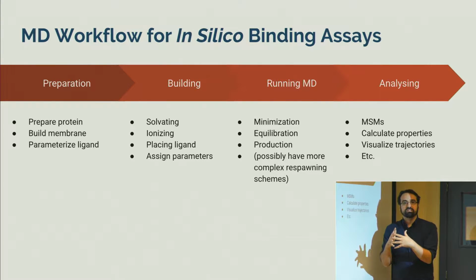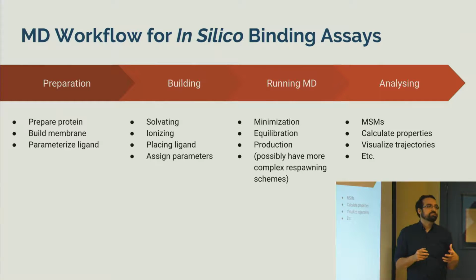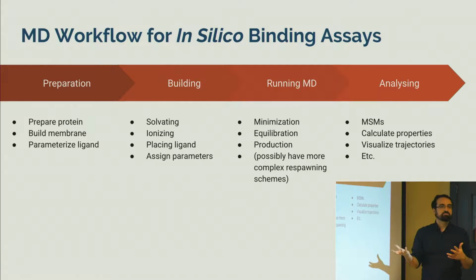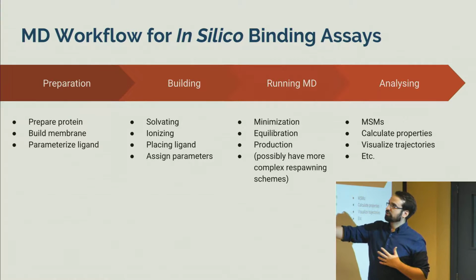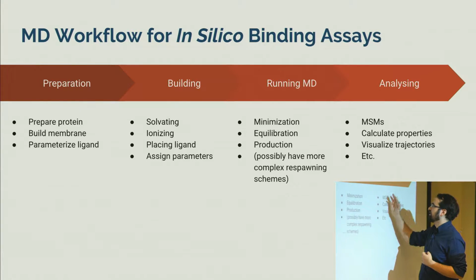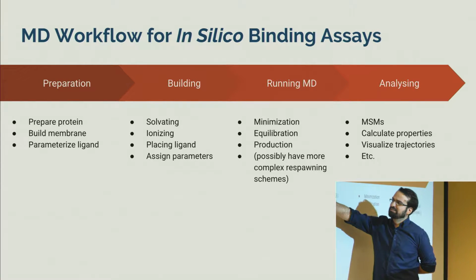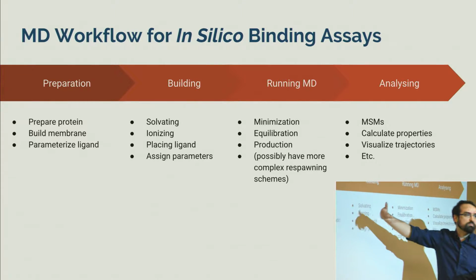This seems very simple as I'm explaining it to you, but there are several steps from the point that you have a protein structure until you actually perform a molecular dynamics simulation. You have an initial preparation, which means that you need to prepare your protein, and build a membrane if it's a membrane protein. You have to parameterize the ligand.